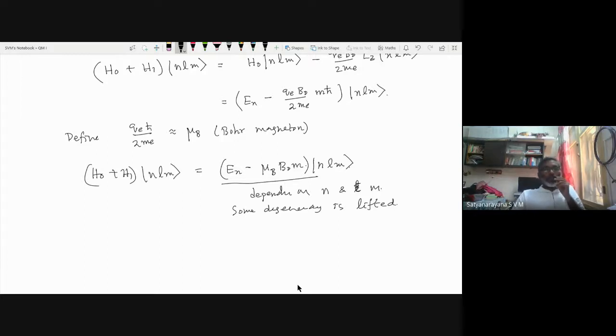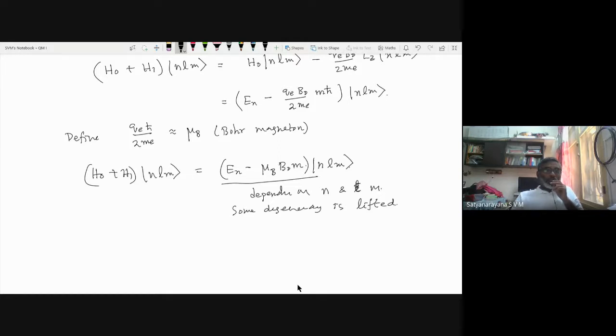Of course, because the value of mu B is very small, in order to have an appreciable shift in the frequency, you require to apply a very high magnetic field. And Zeeman had done these experiments much before even Planck's discovery of quanta, I think in the late 19th century.